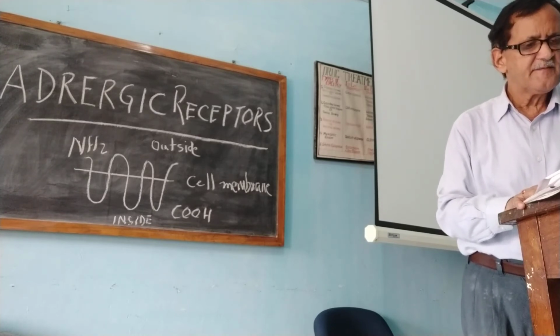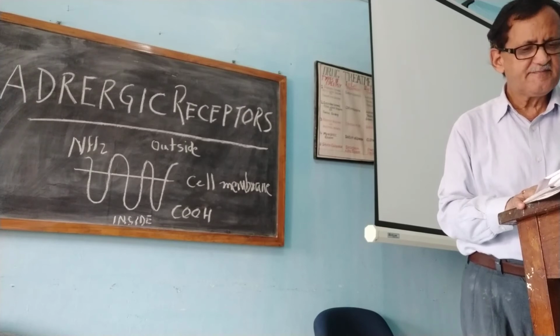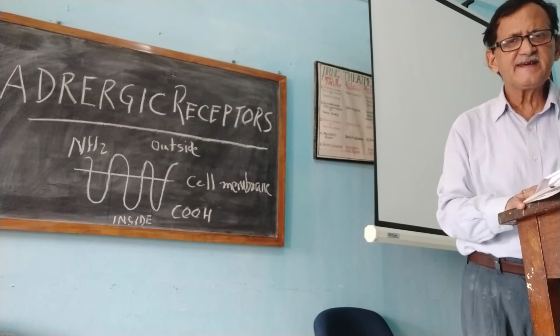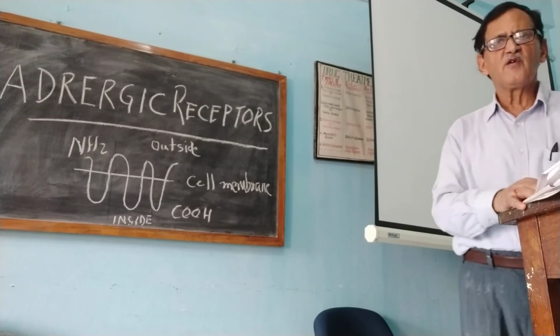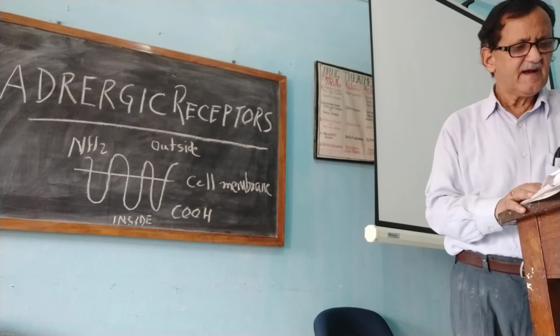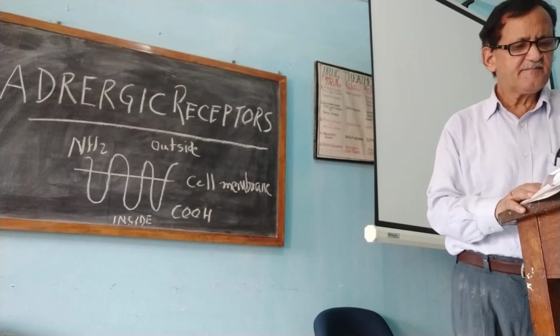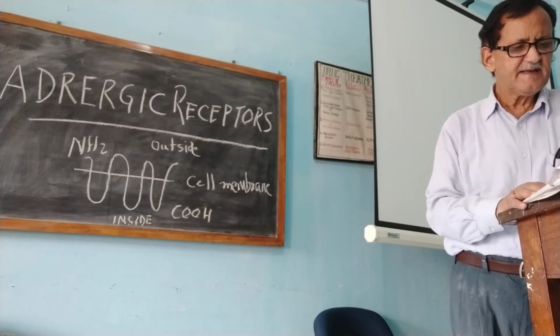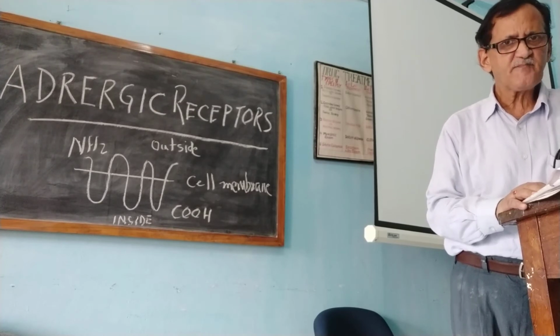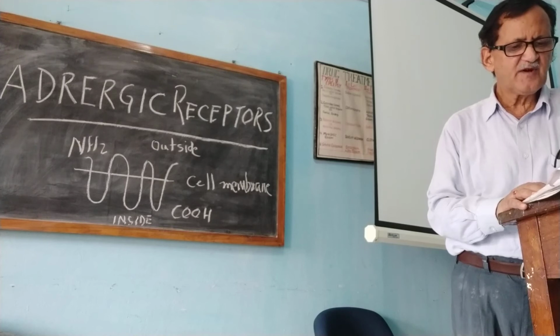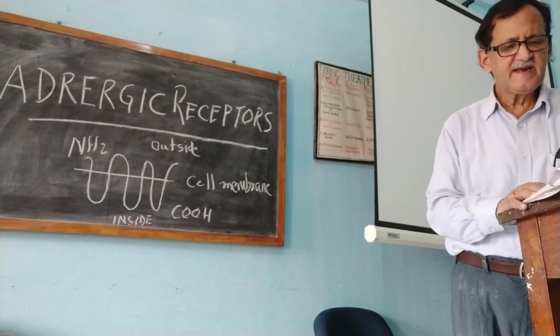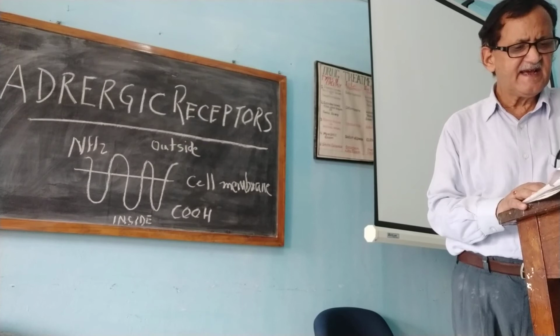Now we come to presynaptic beta 1. When it is stimulated, there will be increase in release of noradrenaline. Upon postsynaptic beta 1 receptors, the mechanism here is beta 1 combining with GS protein, leading to increase in adenylate cyclase and increase in cyclic AMP.